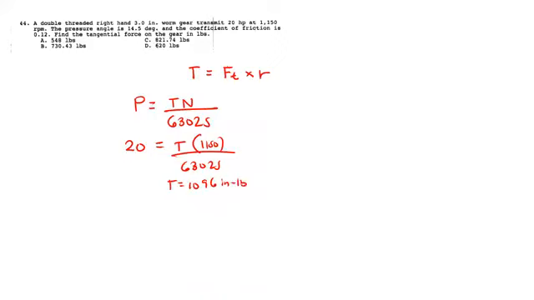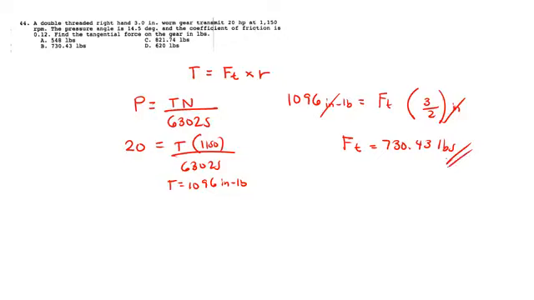Then pag nakuha natin torque, makuha natin si tangential force. So 1,096 inch-pounds is equals to tangential force times radius. So ang radius natin, meron tayong 3 inches divided by 2 para maging radius. So inches, cancel. So tangential force is equals to 730.43 pounds. So the answer is letter B.